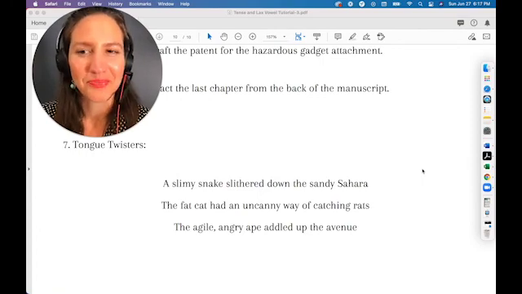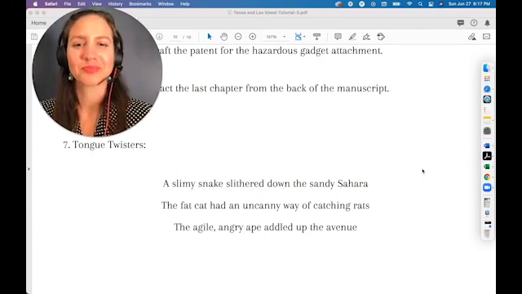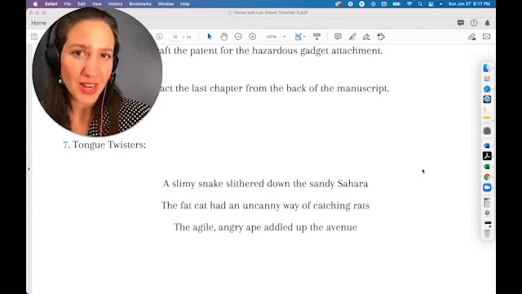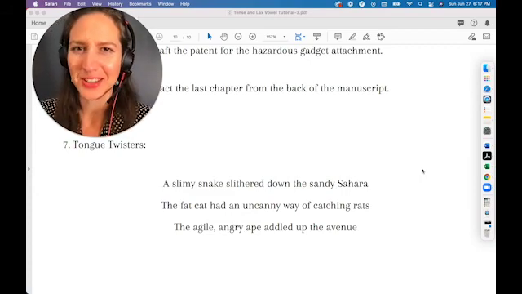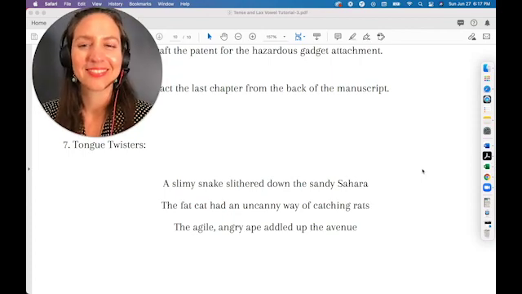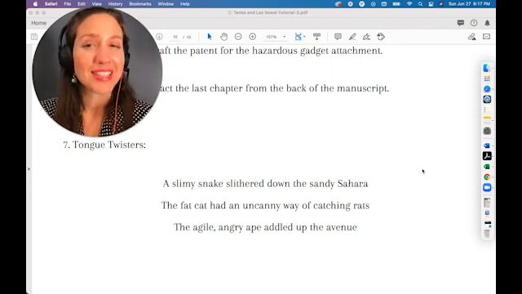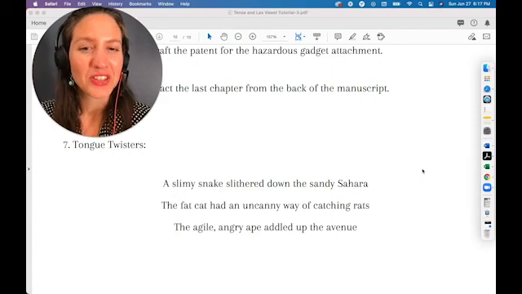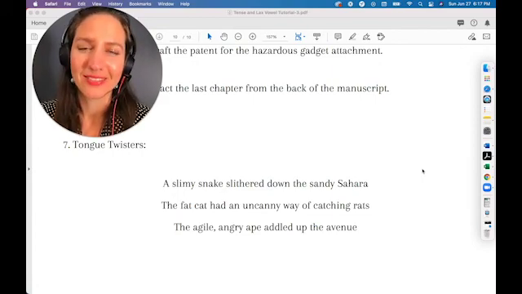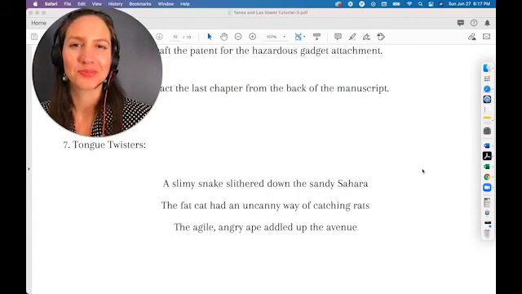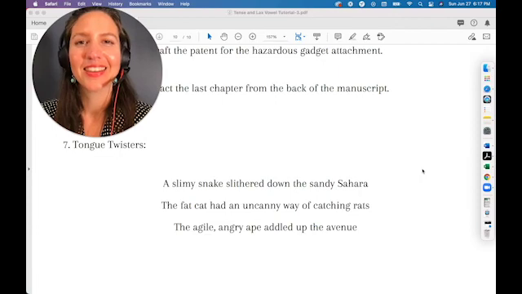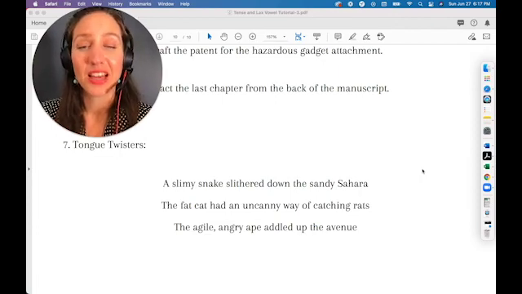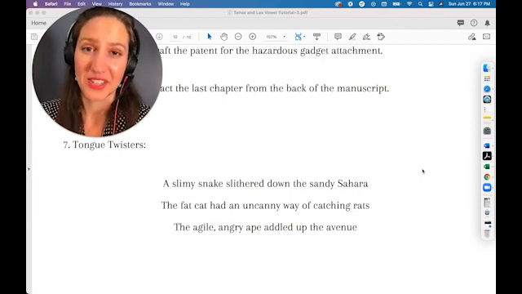Number 7, tongue twisters. I'm going to be saying these twice, first slowly, and second a little faster. A slimy snake slithered down the sandy Sahara.